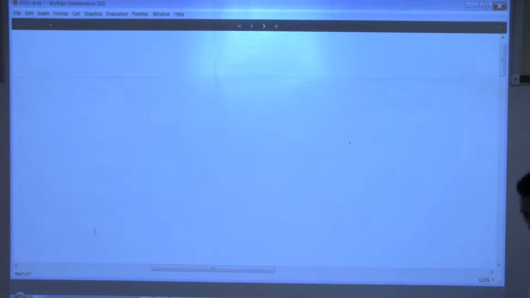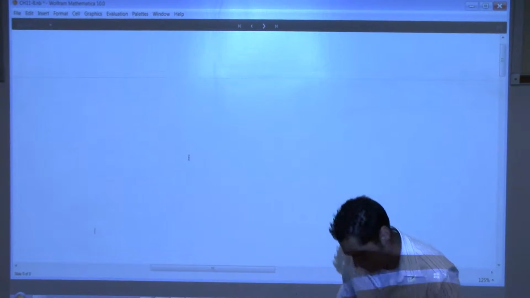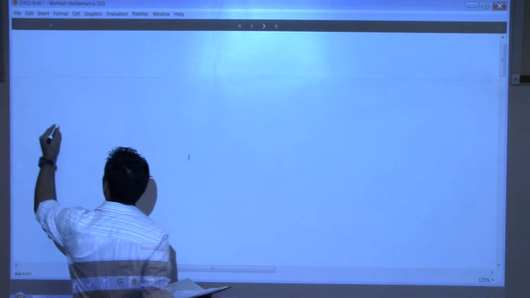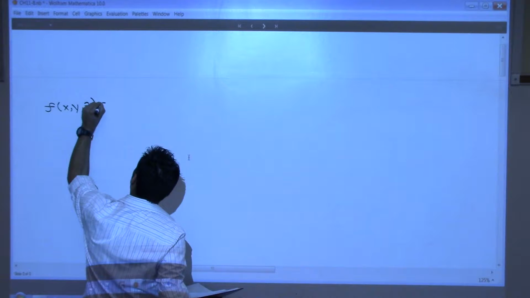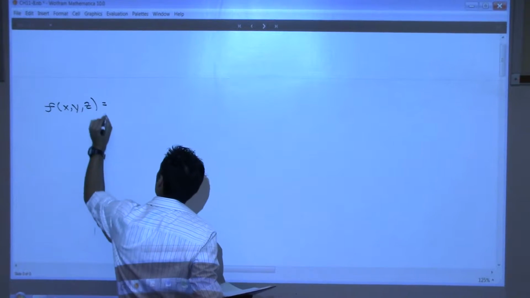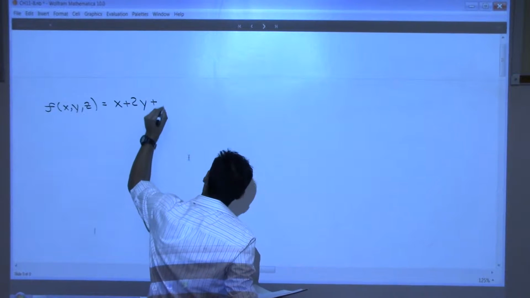Okay, so what we have is a function. The function we're given here is f of x, y, z equals x plus 2y plus 3z.